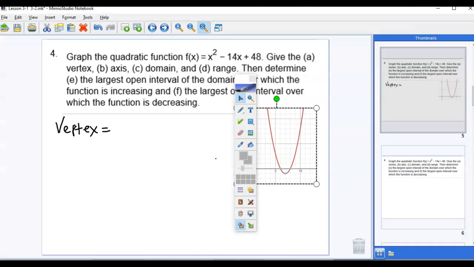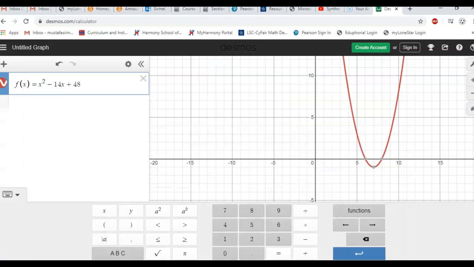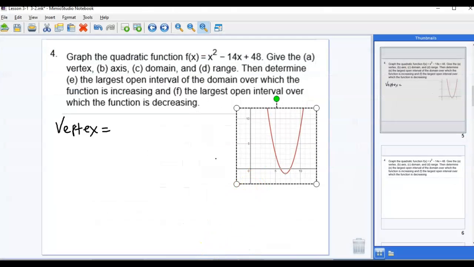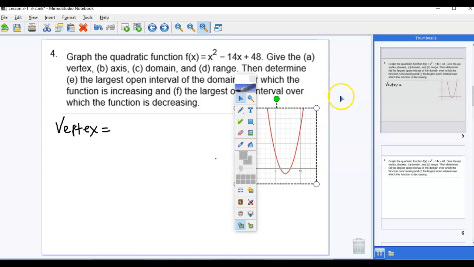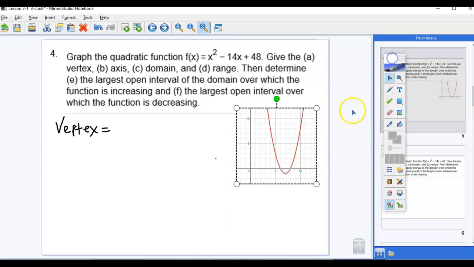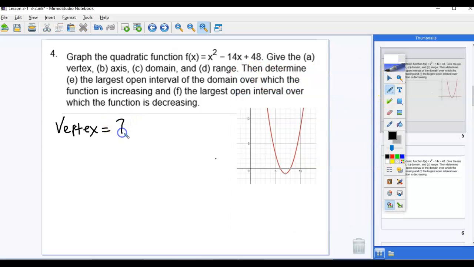That's my vertex. 7, -1. That's my vertex point.